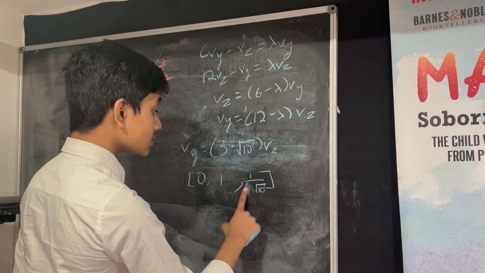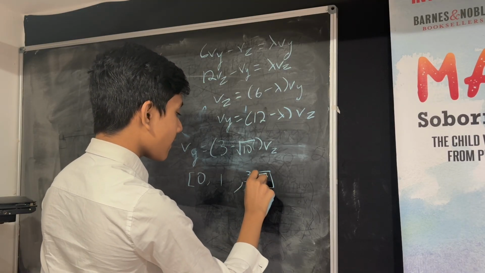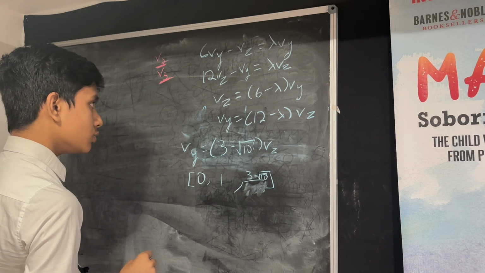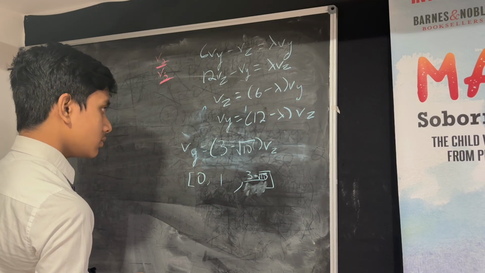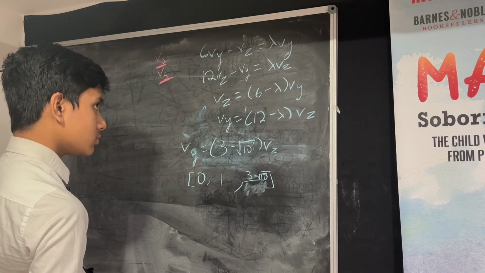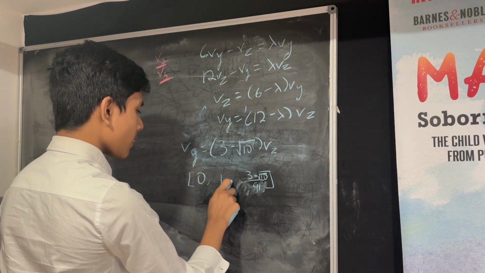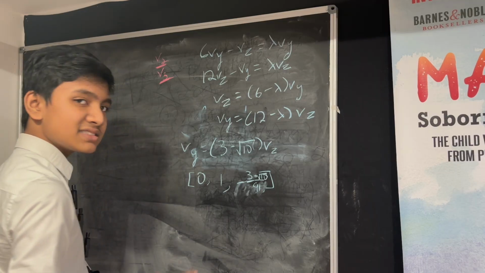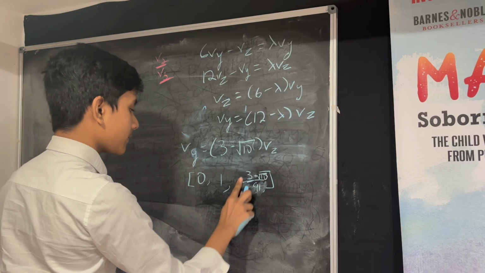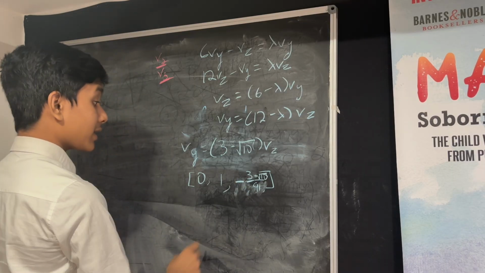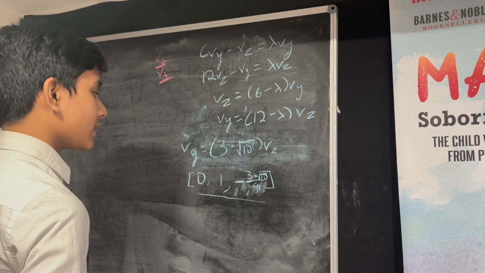And I could even rationalize it by writing 3 plus rad 10 divided by 91. No, that's not what you use when rationalizing something. Okay. Yeah, okay. So you have 0, 1, minus 3 plus rad 10 over 91.